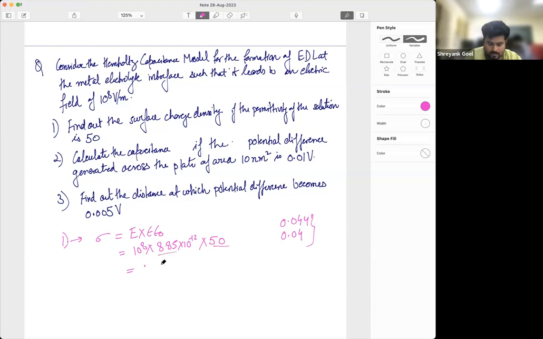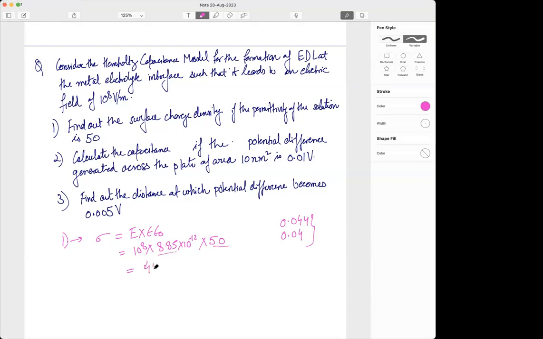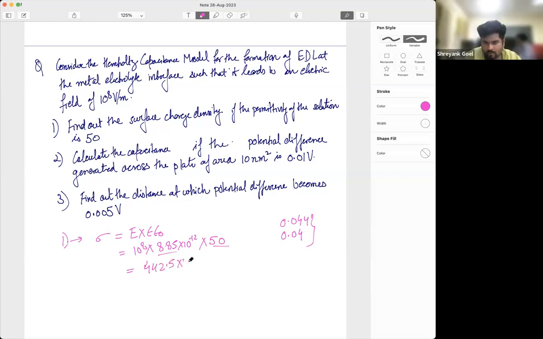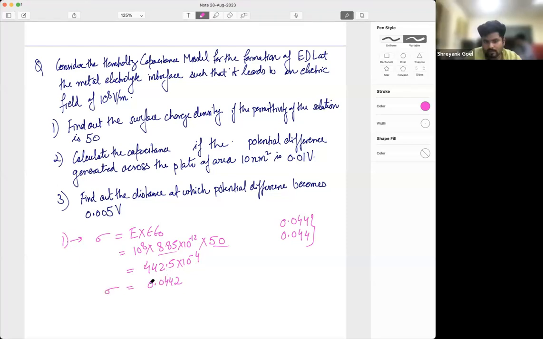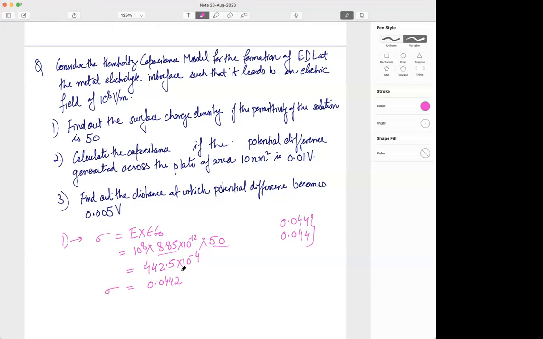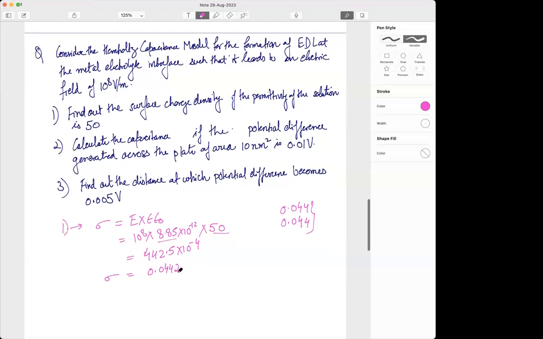So this multiplied by this gives me 442.5 into 10 raised to something. Sir, actually my answer is also 0.0442, but I just rounded it off. Since the digit after the decimal is 2, I'm rounding it off.